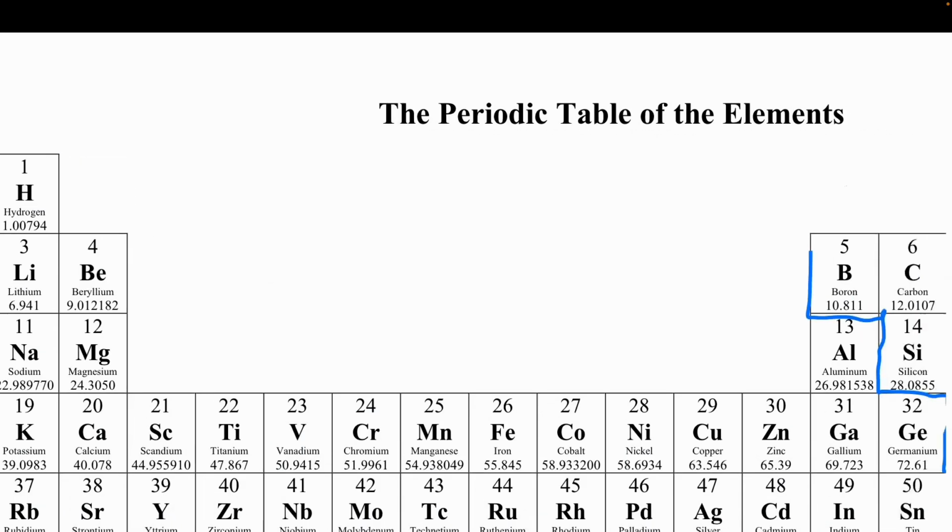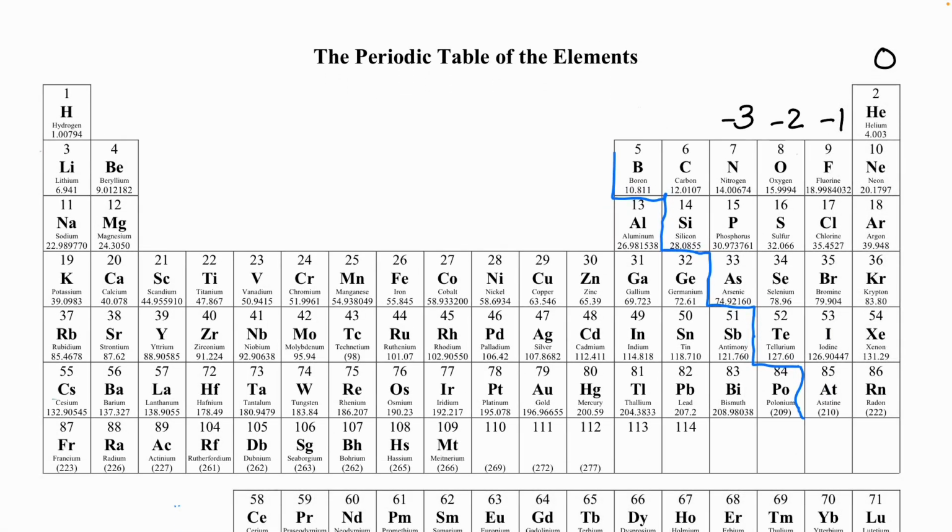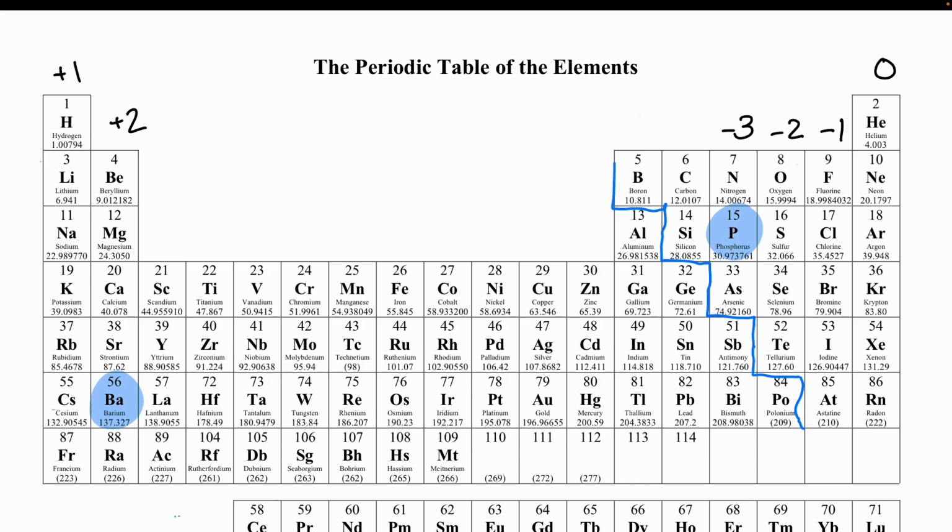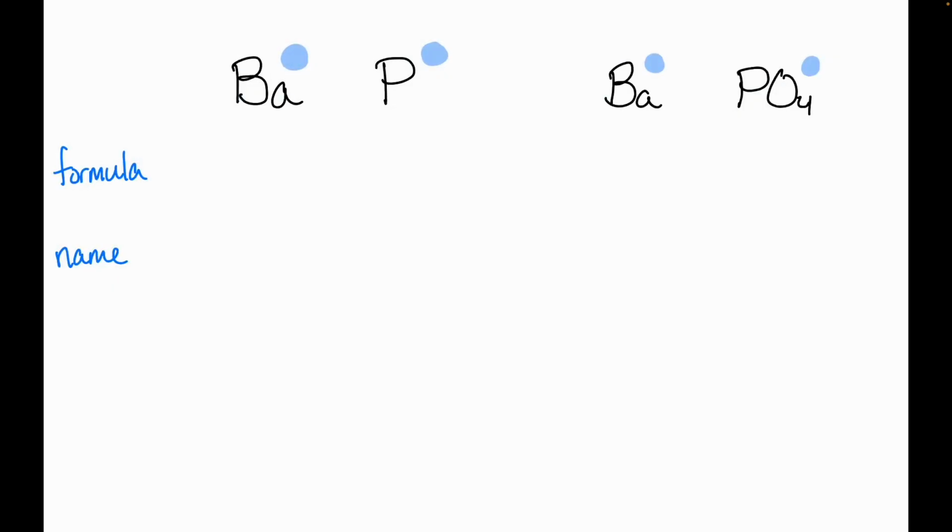Cool. So remember, we go to our periodic table. We have to hunt for Ba. Ba is barium, over here in this column of +2 ions. Phosphorus lives over here in this column of -3 ions. +2, -3.